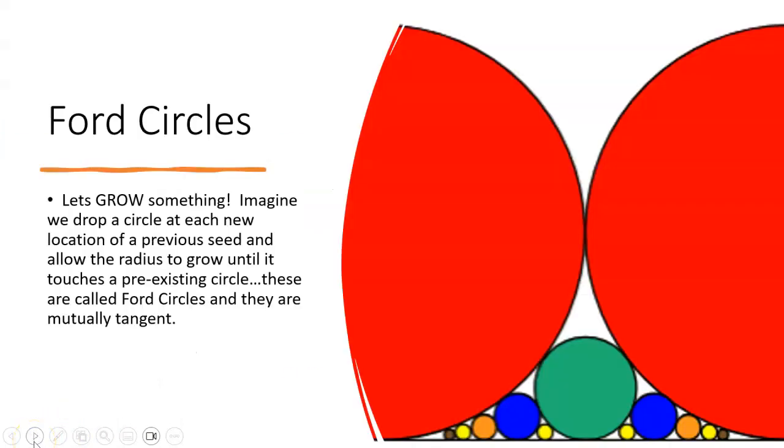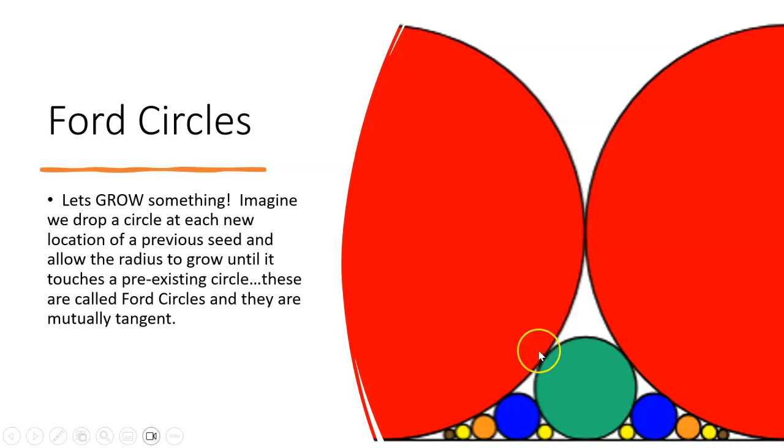In that Farey sequence, those red dots that we saw on the previous slide, at each of those red dots I initiate a circle that grows in radius until it touches tangentially another circle, and then it stops. At that point of tangency, we create a new circle, and it grows until it touches another circle.